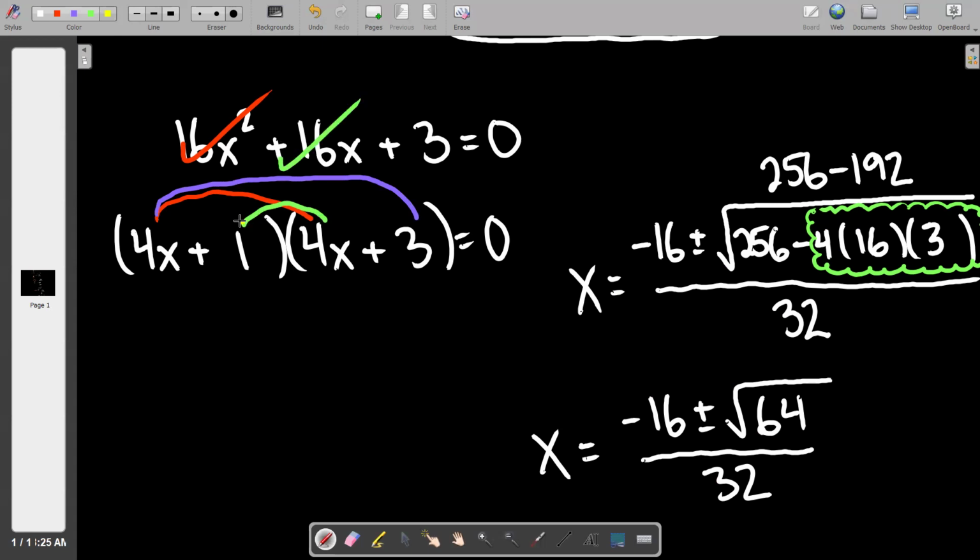And then finally, 1 times 3. Hot dog. The moral of the story is this: if, when using the quadratic formula, you get quote unquote normal answers, it always means that the problem originally could have been factored. Usually we don't know that until it's too late.